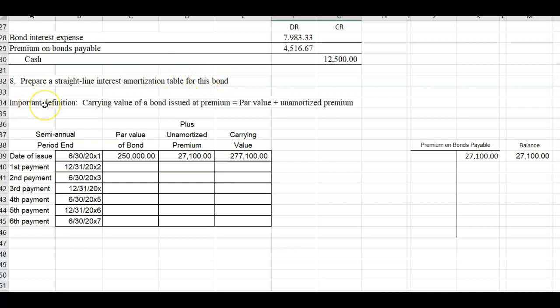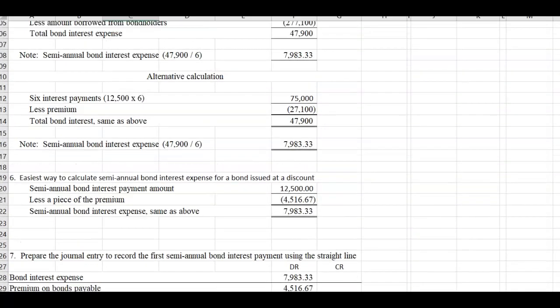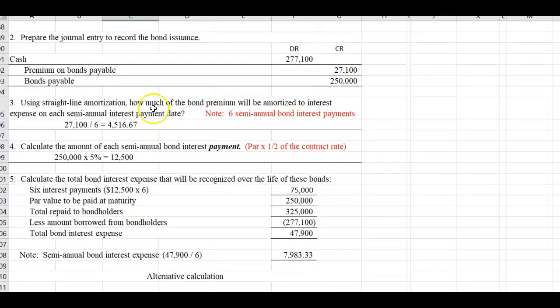An important definition is the carrying value of a bond issued at a premium is par value plus unamortized premium. So for instance, on the issue date, we had a $250,000 par value bond. The unamortized premium was $27,100, as shown in our original journal entry, $27,100 credit balance.